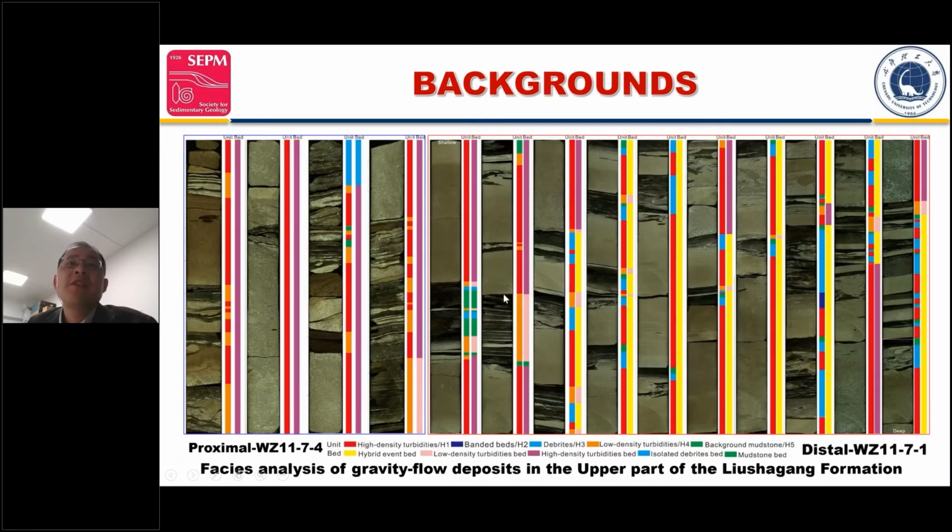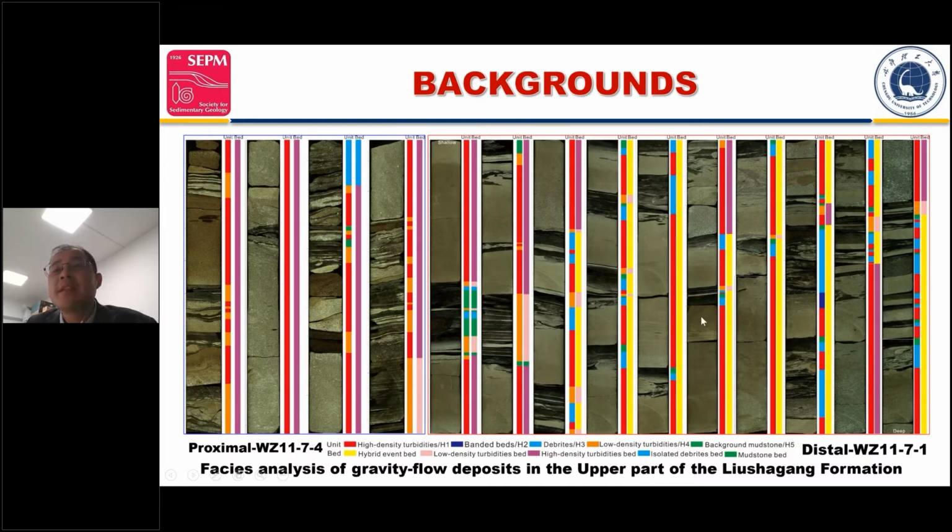The detailed features analysis will not be described in this talk. You can see that in the proximal WZ11-7-4, those deposits are mainly dominated by thick, massive or normal graded coarse grained sandstone, which were caused by high density turbidite current.